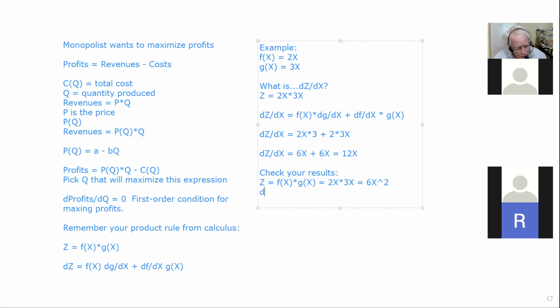So to check the results, you could differentiate this expression, 6x squared, with respect to x, by using the power rule. And therefore, the derivative is 12x, exactly the same result as we had arrived at by using the product rule. So no problem there, I hope.